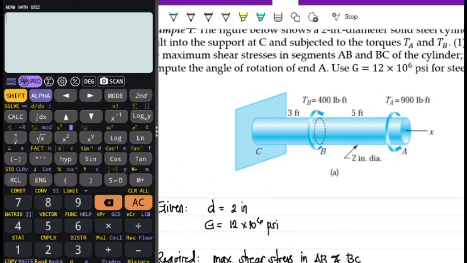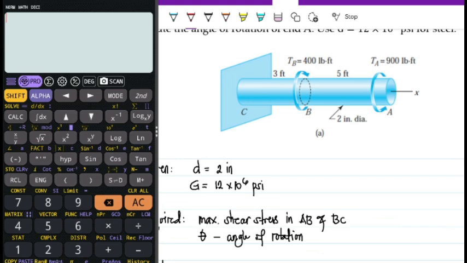As discussed in the lecture video, in order for us to know whether a torque is positive or negative, we have to use what we call the right hand rule.